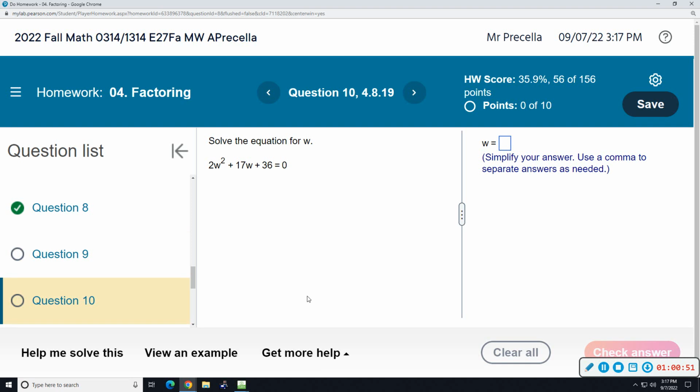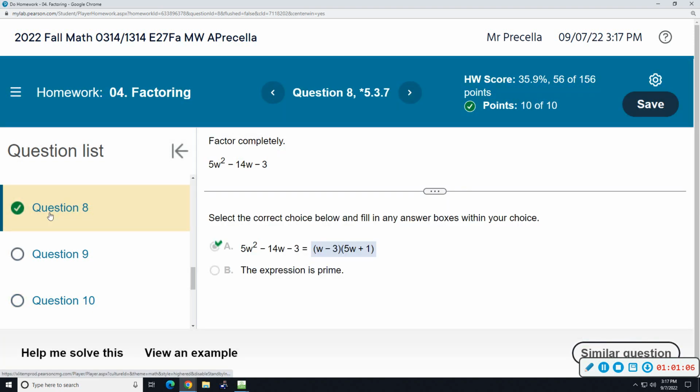I always think about that, because here it might look similar to what we were just doing, but look at the instructions. Solve the equation for W. It doesn't say factor completely. Also, notice how this problem looks different. When the problem is stated up here, is there an equal sign?